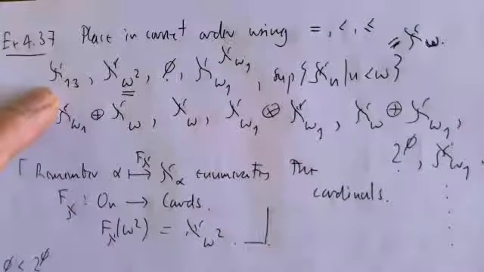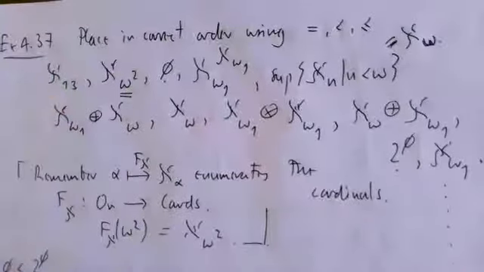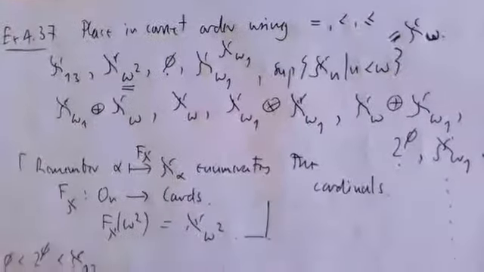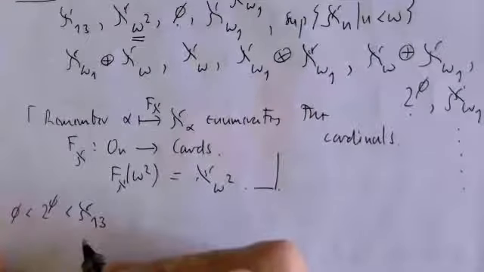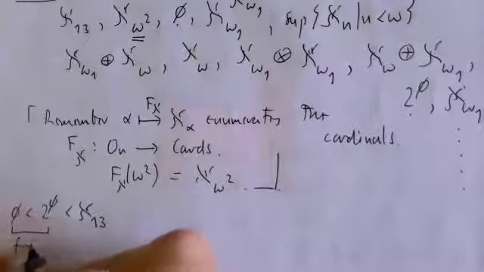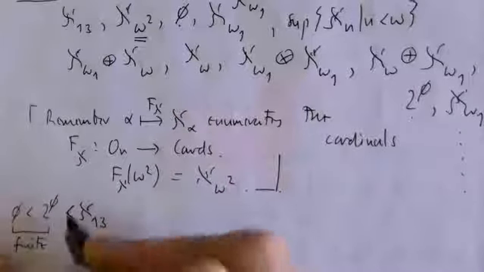But then here's Aleph 13, which has got a finite index. So this is going to come next. If you asked for reasons, these are finite. This is infinite here.